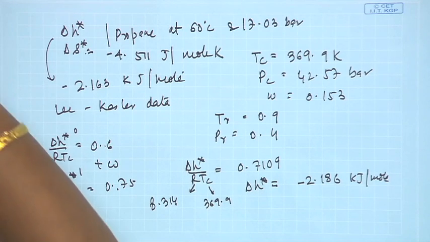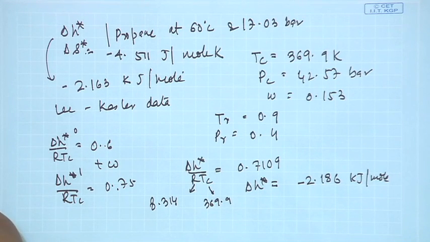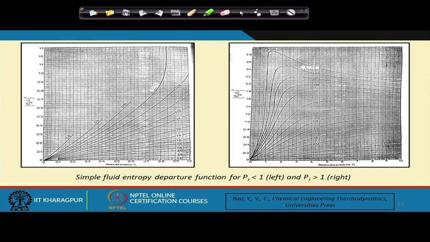In the same way, if you would wish to calculate delta S star, we can do it as well. Here also you need to go from 0.4 to 0.9 and you can see the value is about 0.463, isn't it?